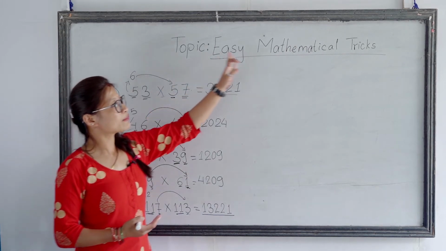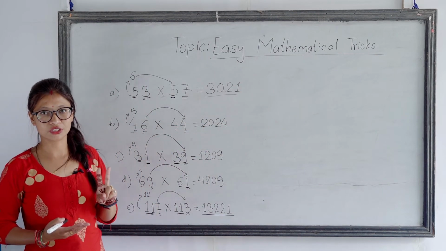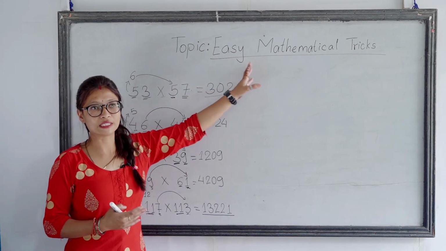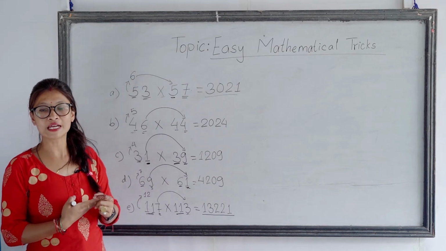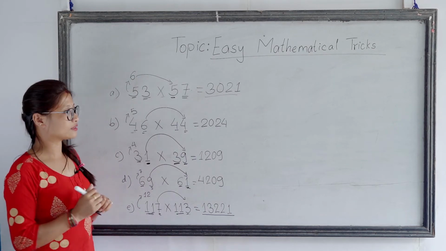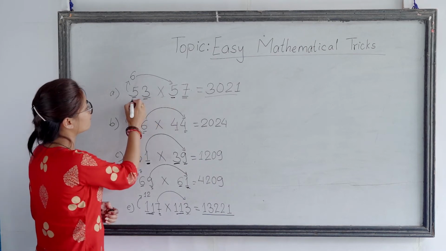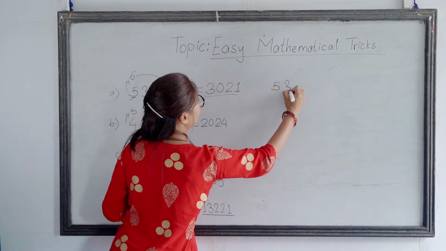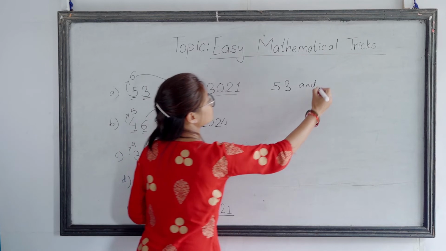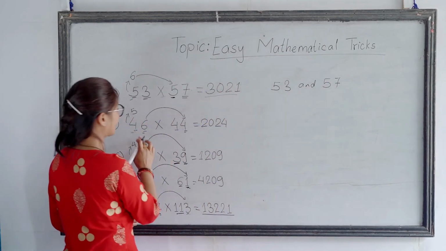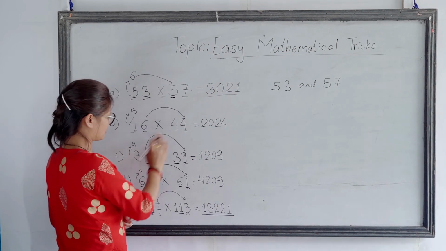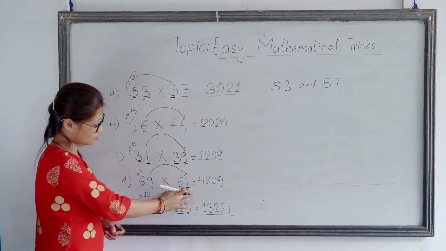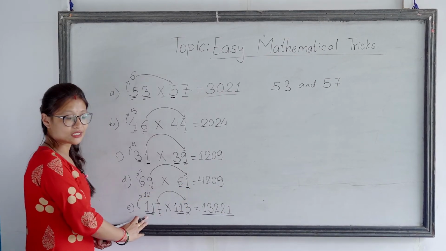To do these easy mathematical tricks, we need two conditions. The first one is that the tens digits should be the same. Here we have 53 and 57, same like 46 and 44, 31 and 39, 69 and 61, 117 and 113.